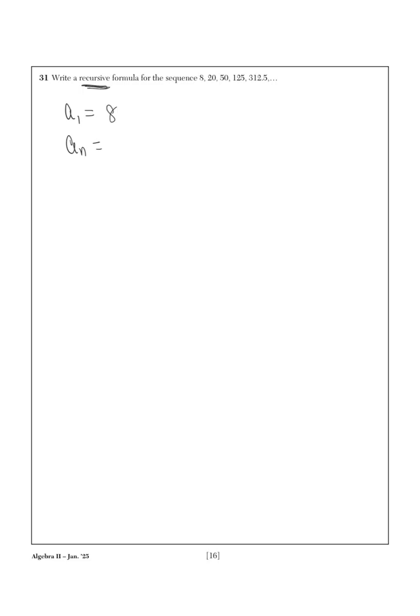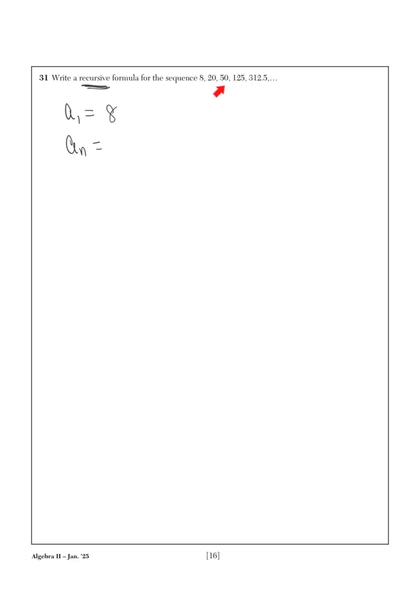Now what we need to do is look at this and figure out, is this arithmetic, meaning are we adding some number to 8, getting 20, and then adding that number again and getting 50, adding that number again and getting 125? For example, the only way I'm getting to 20 by adding would be if I add 12, right? But if I add 12 to 20, I'm not getting 50. And if I add 12 to 50, I'm not getting 125. So this is not arithmetic.